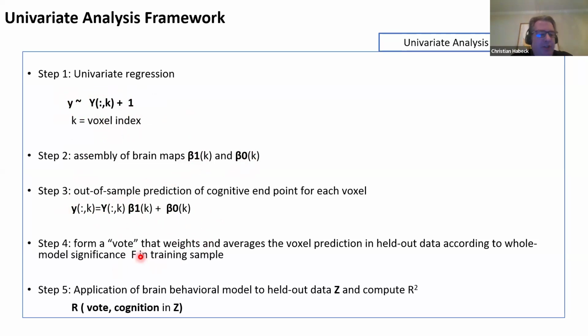And what we do is form a vote. We take the logarithmic p-value or an F value, and average all these predictions according to how significant they were in the training sample. Then in any test sample, we can apply the same model, the averaging, and come up with a prediction of cognition in the held out data, right?